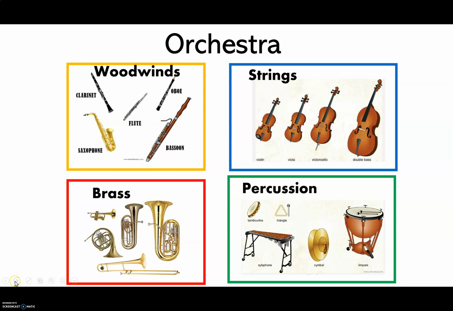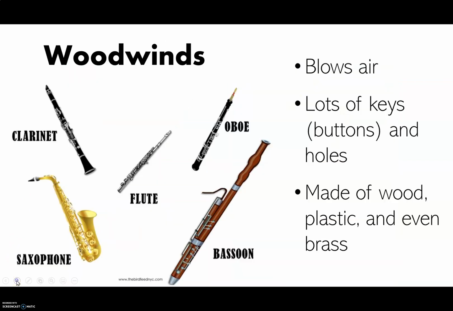Today, let's start by focusing on the woodwinds. The woodwinds have these 5 instruments as their base instruments. There's other instruments, but these are the important ones: clarinet, flute, oboe, saxophone, bassoon. They tend to blow air.